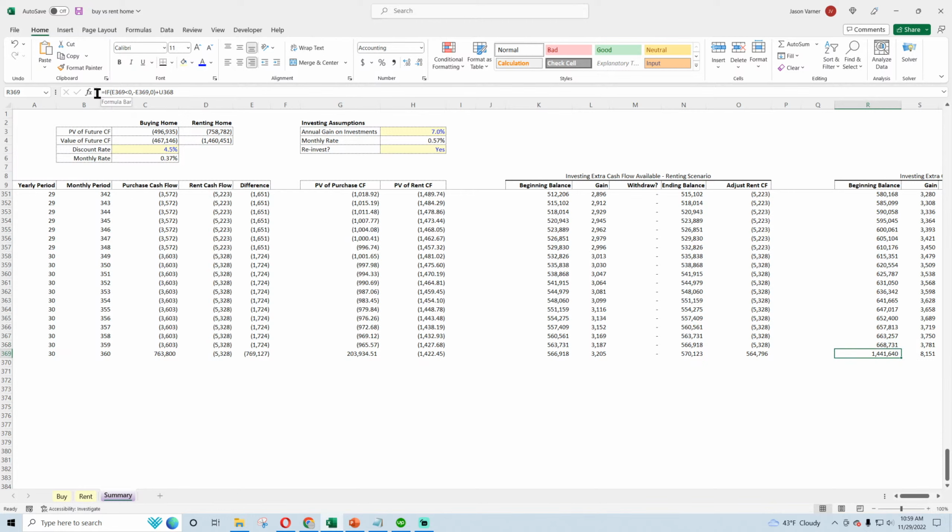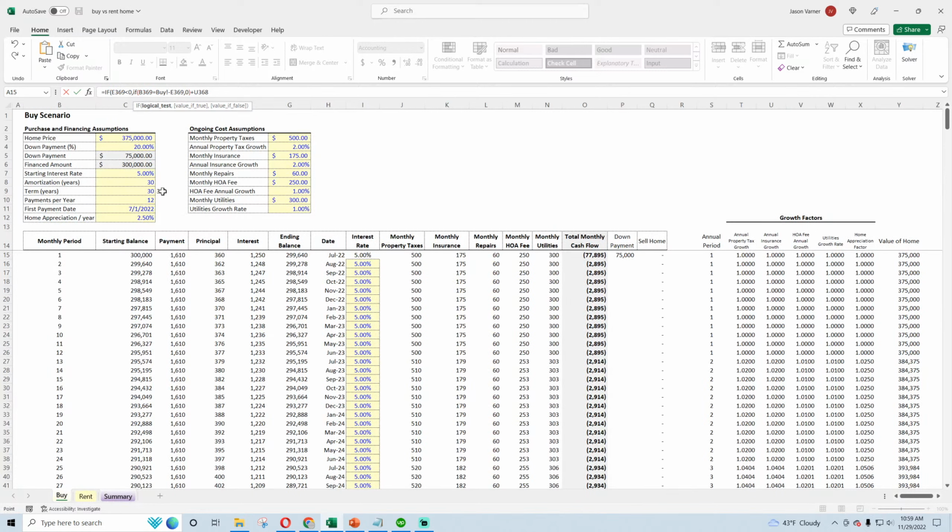So we're going to say if E369 is less than 0, then pull the difference, except we don't want this big difference here on the end month. We want to say if this equals this, then 0, otherwise do that.